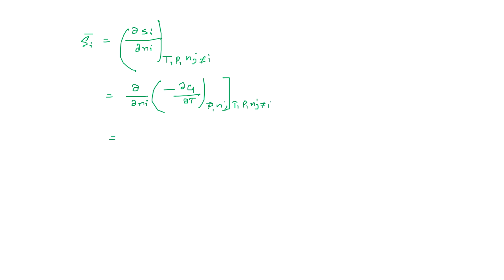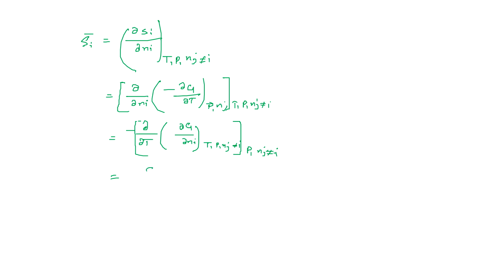So based on Euler's theorem of reciprocity, what we can get is dG by dNi at T, P, Nj not equal to Ni equal to the corresponding derivative.